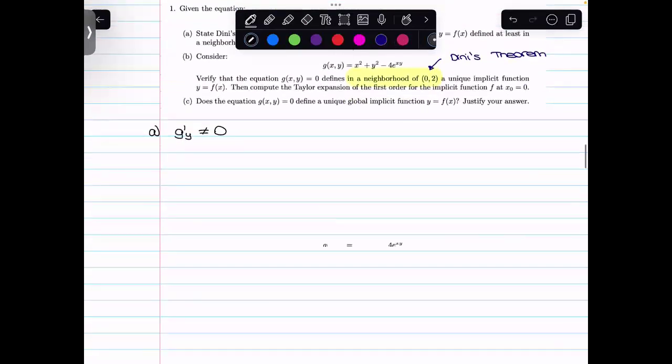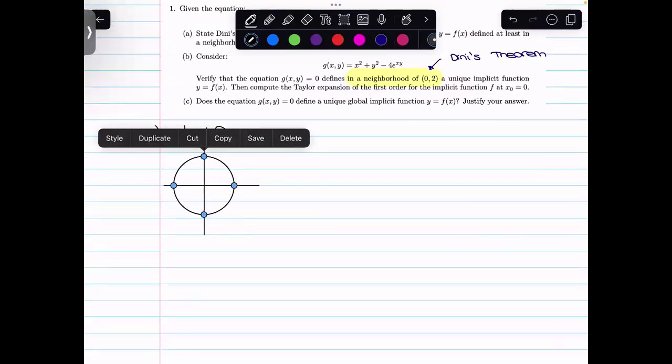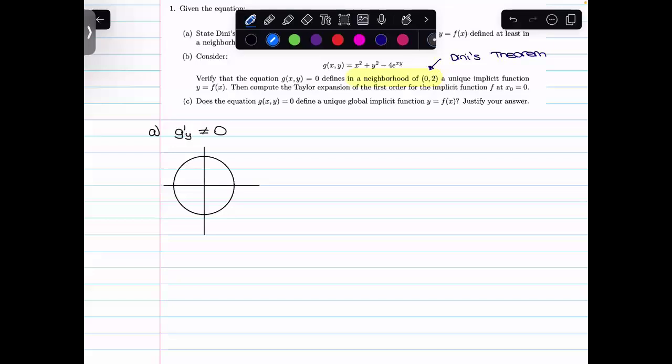So there was also an exercise in the homework where they gave you a graph of a function that was a circle or maybe an oval. In any case, the point is that anywhere you have, or not necessarily a vertical tangent, but specifically where if you take a point and you look directly around it, your function is not going to pass the vertical line test, in the sense that vertical lines will cross more than once, then that guarantees that you don't have an implicit local function.